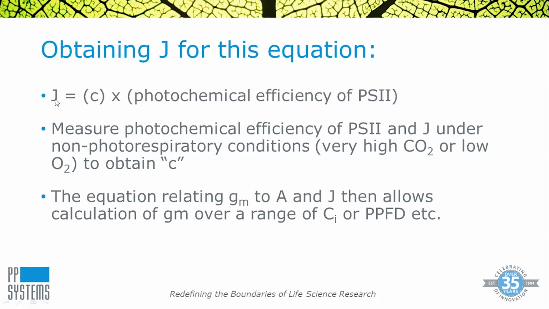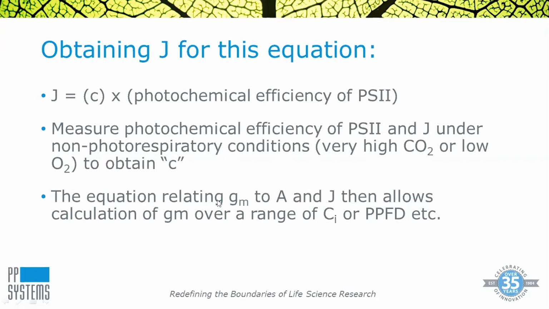And then we have the instrument tell us what J is. The instrument tells us what the photochemical efficiency is. And this constant we calculate when we know that J is being measured under non-photorespiratory conditions.